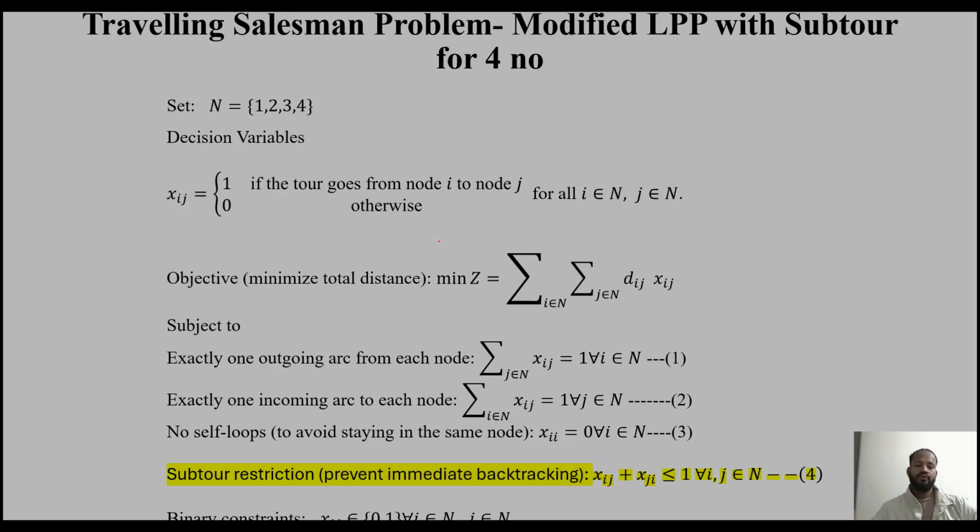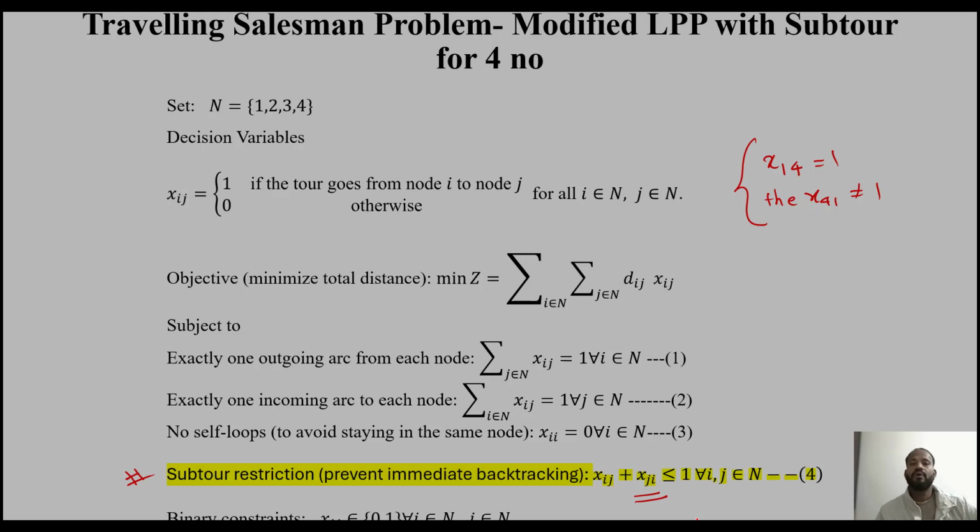So here you can see we have put one additional constraint: if x14 is 1, then x41 cannot become 1. That is, if you have gone to any city, you cannot immediately come back to the home city. This is the constraint shown shaded in yellow, and it has to be put for all the nodes.